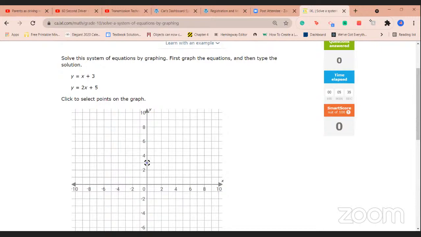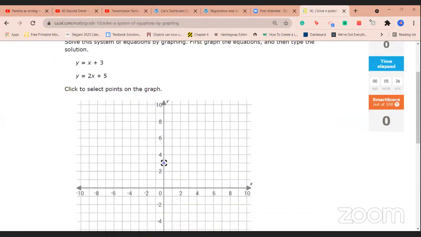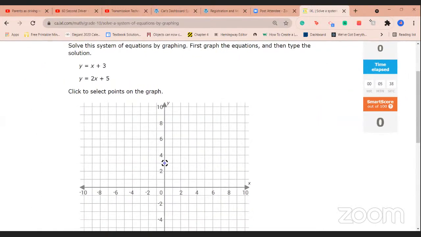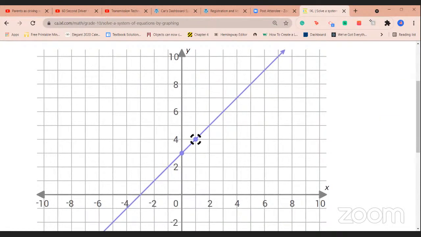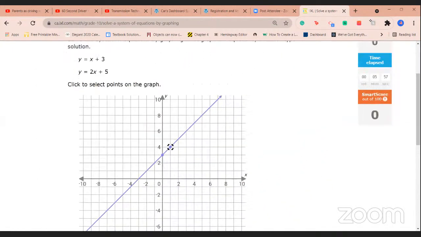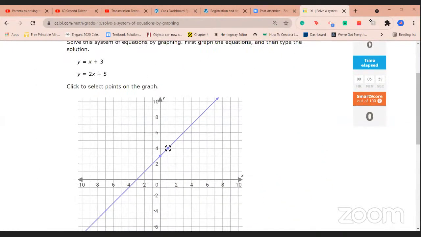What's the slope of it? 1. Yes, 1. That means you would go 1 to the right and 1 up, because it's 1 over 1. You did a fraction in the example.